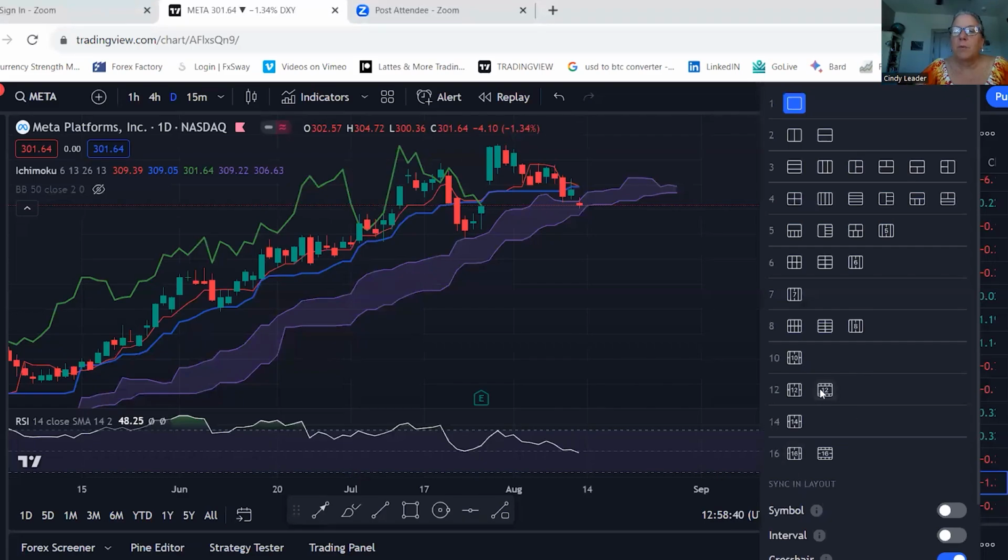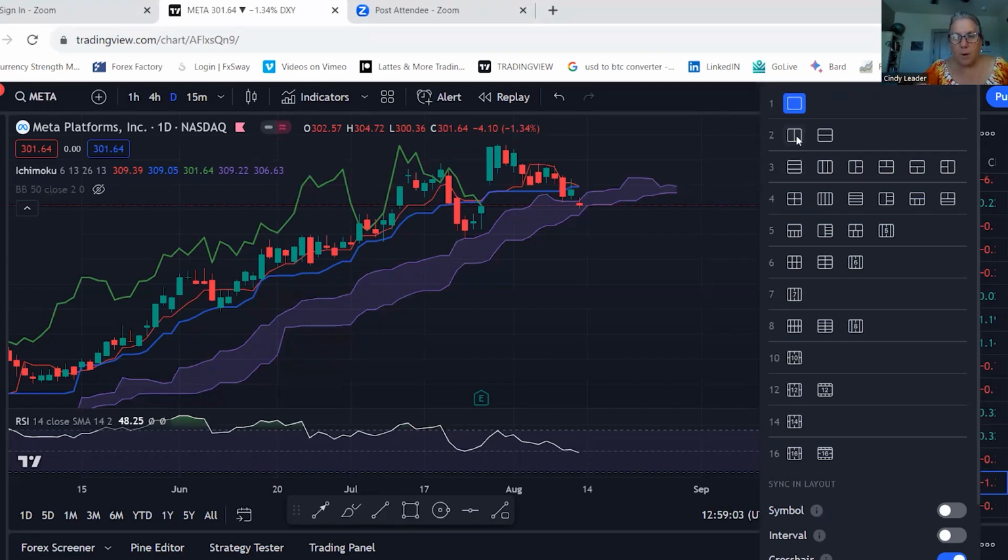I didn't even go down here. I don't even know what that is, but I can't have 3 things on my screen at once. I have to have TradingView Pro Plus. My TradingView Pro, I believe, is $15 a month. It's either $14.99 or $15.99. I want to say it's $14.99.